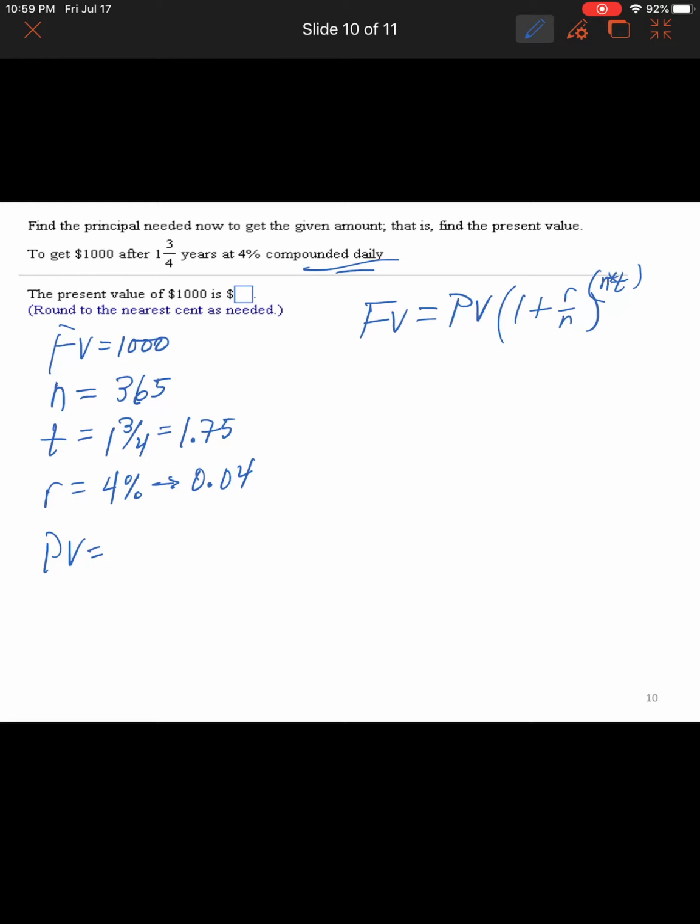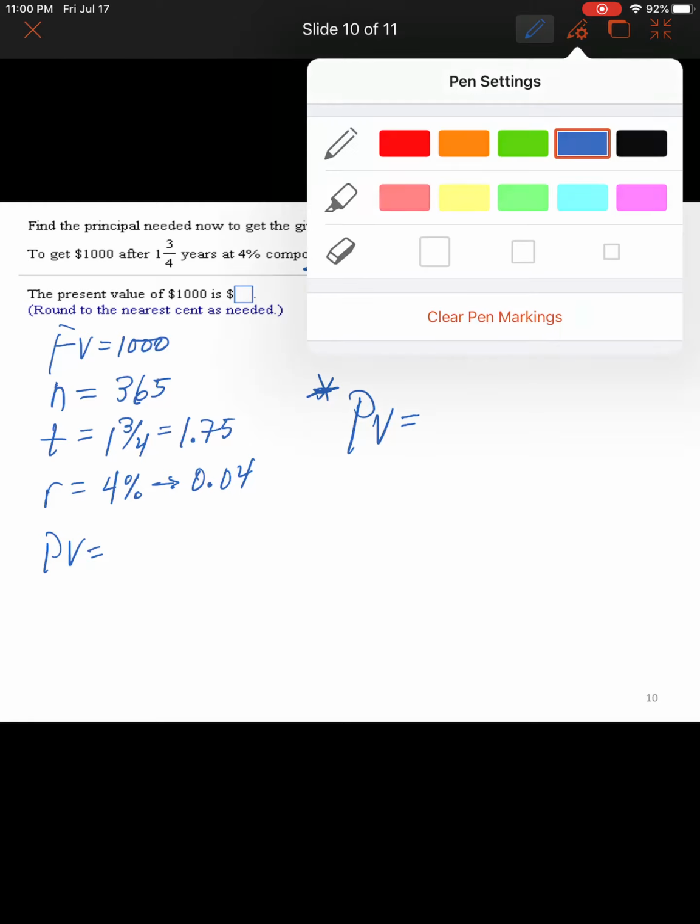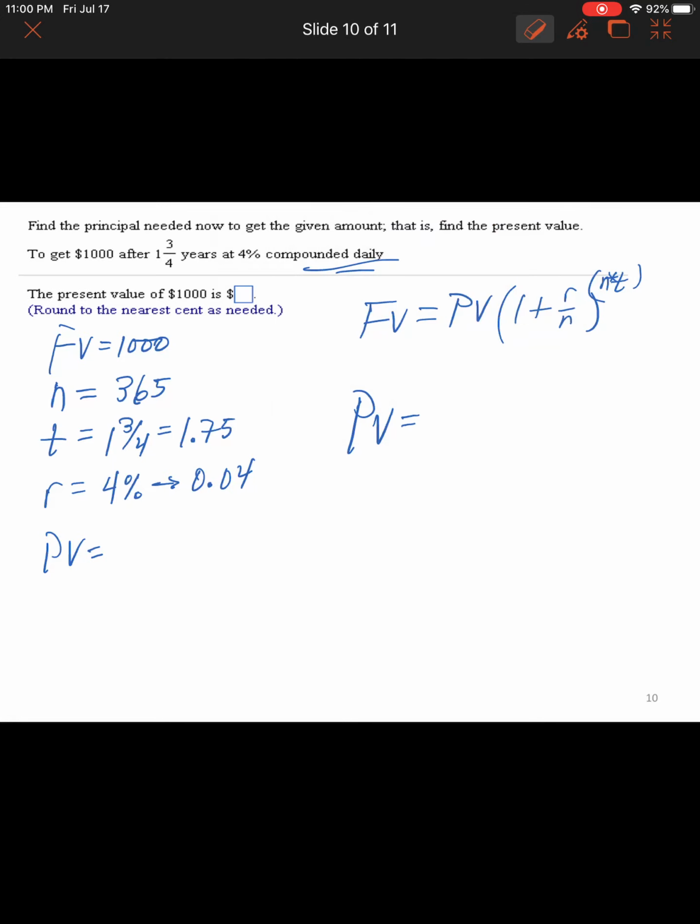Alright, so here's the trick. If you want to find present value, present value is equal to the future value times all of that good stuff raised to the negative n times t.